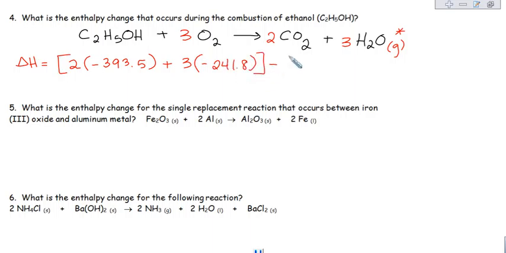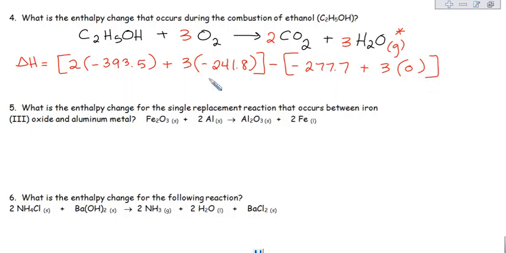Products minus reactants. So I have that ethanol, negative 277.7, plus 3 times oxygen, and it is 0. It's an element. It occurs in nature. Now sometimes when I get a lot of particles, I like to simplify the products and the reactants. Obviously you don't have to, but there's a lot of negatives going on, and sometimes it's easy to miss something.